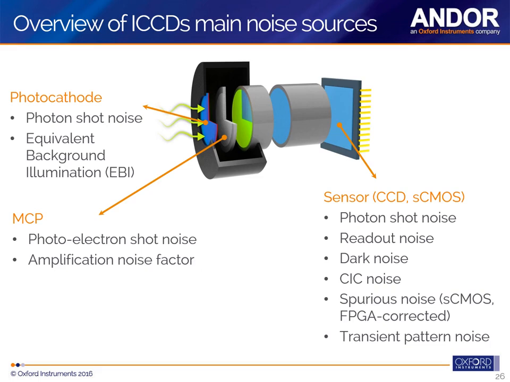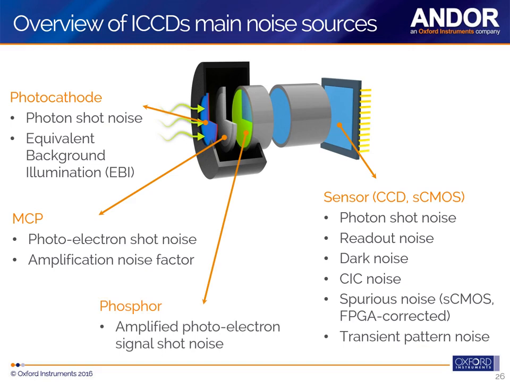The generation of secondary photoelectrons is a statistical process, and there's a certain probability of generating a secondary electron or not. So there is a certain noise called the amplification noise factor that is associated with this type of impact ionization amplification. This is the same principle as EMCCD amplification, and EMCCDs as well have an amplification noise factor.